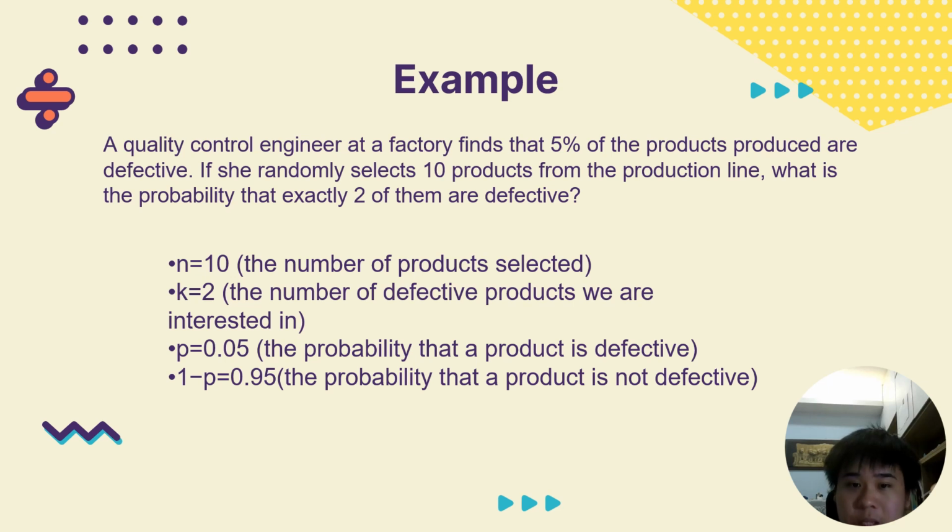K is 2, the number of defective products we're interested in. P is the probability that a product is defective, which is 5%, or 0.05. And 1 minus 0.05 gives you 0.95, the probability that a product is not defective.